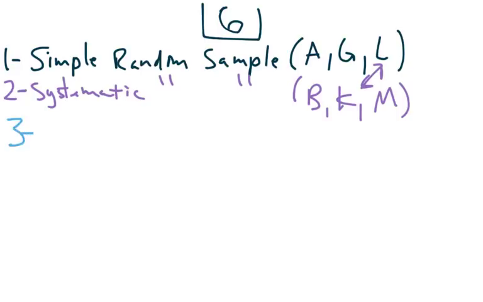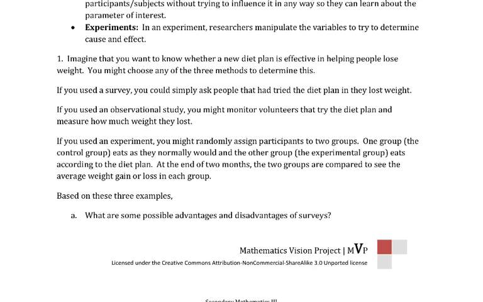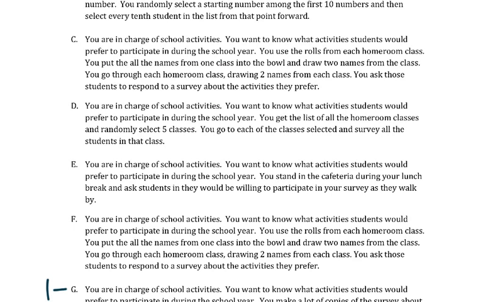Okay, 3 is what we call a stratified random sample. And that we've got C, I, and O. So we take a look at C. So school activities again, so let's see, you use roles from the homeroom class.